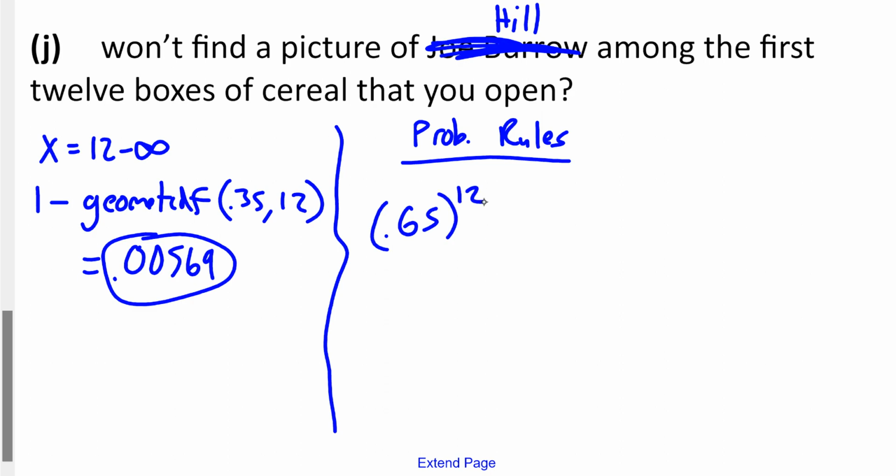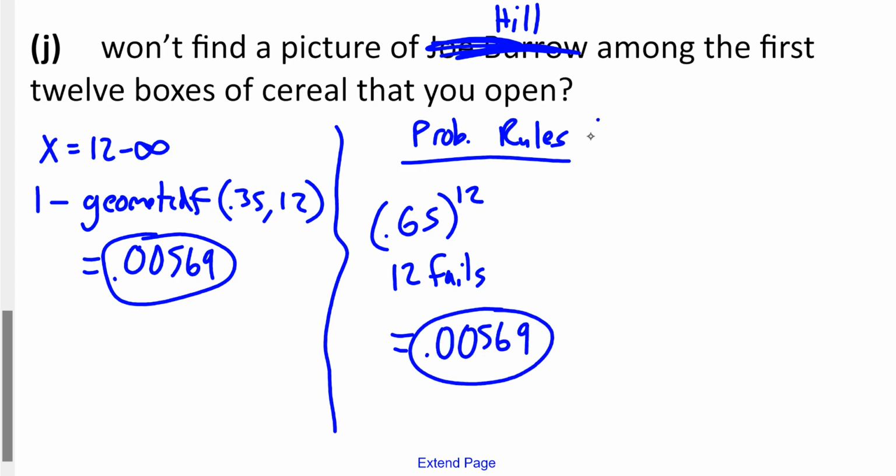The chance of it being a fail 12 times in a row just so happens to be 0.00569. So you get the same answer, just a different way.